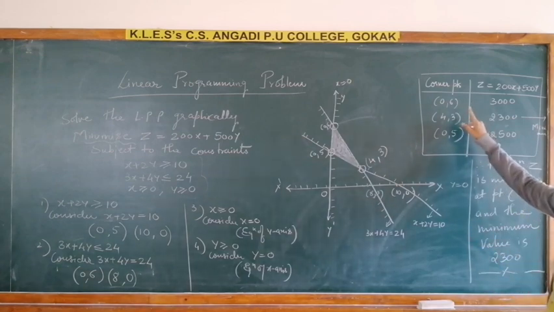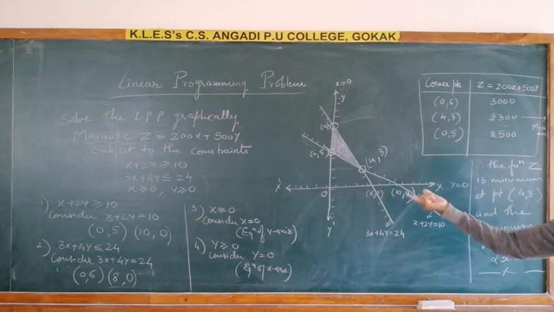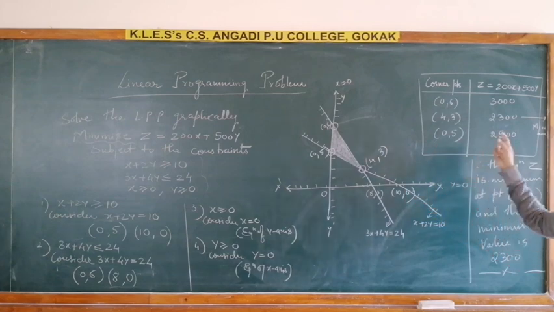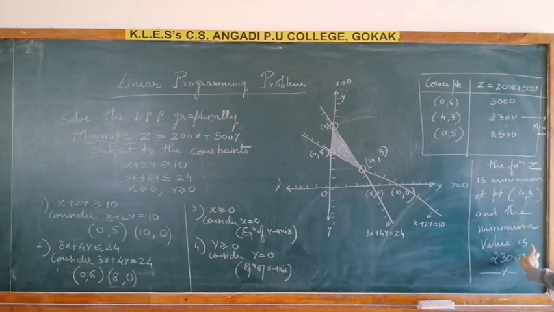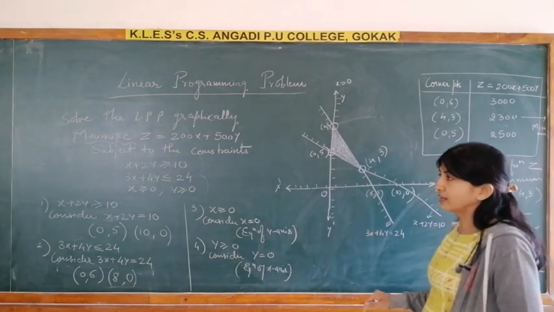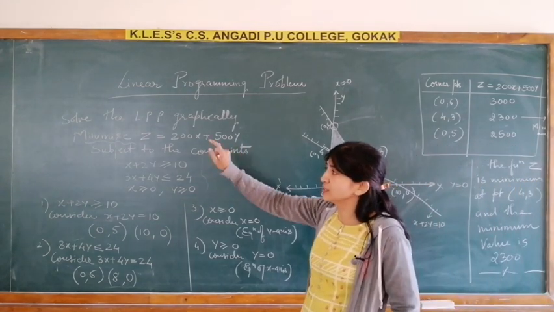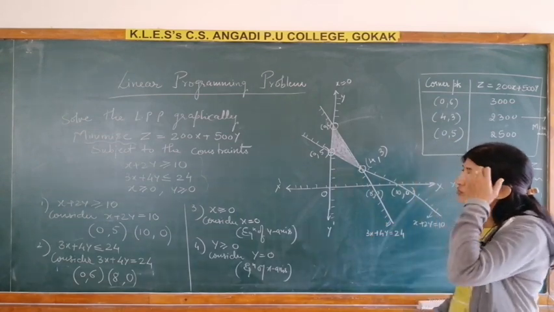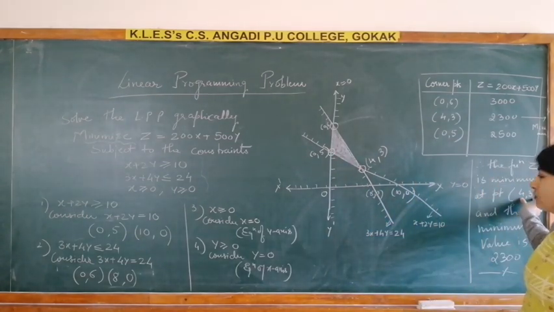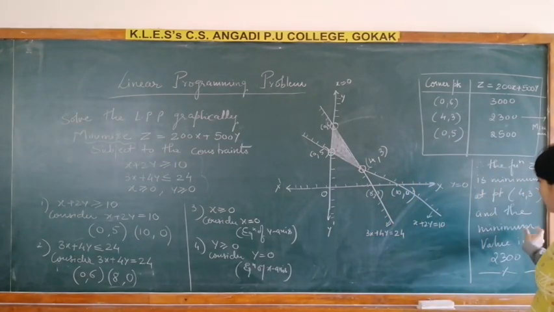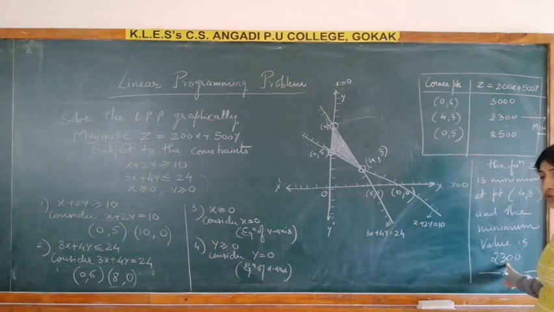So, corner points, then see that if the question is asked about both maximum and minimum, at what point, and the minimum value is 2300. So, this is the way to solve it. So, we are finding here, the function is minimum at what point? At 4 comma 3 and the minimum value is 2300.